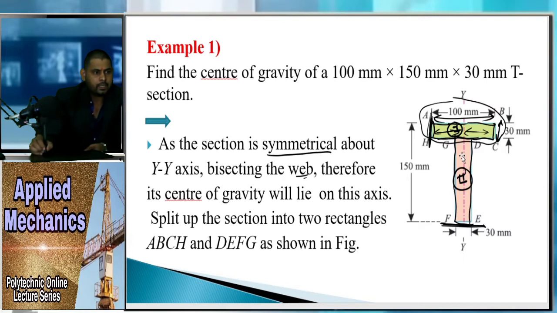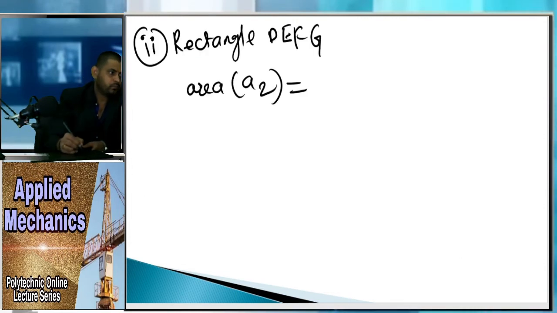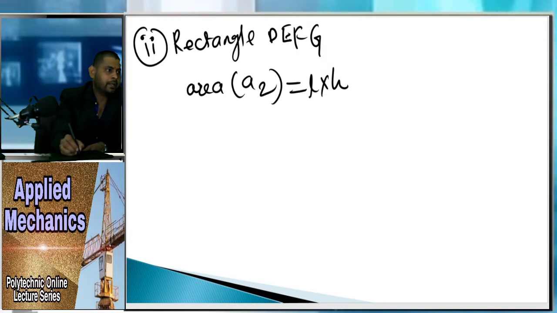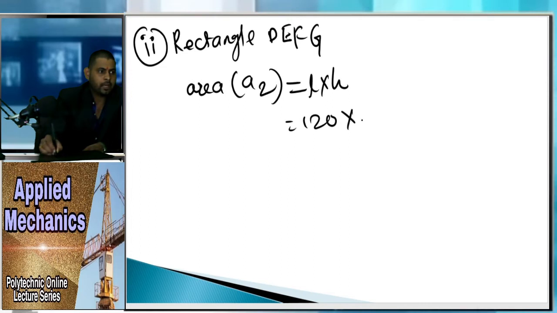You can see the area of this rectangle is the length into the height, so L into H. This is 30, and up to here it is 150 minus this 30, so this is 120 and this is 30. So it is 120 multiplied by 30.